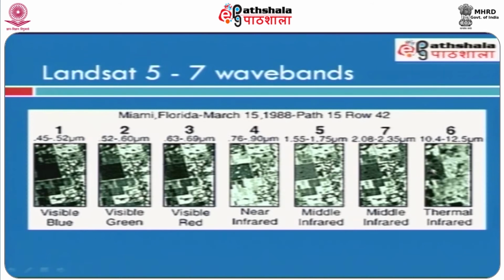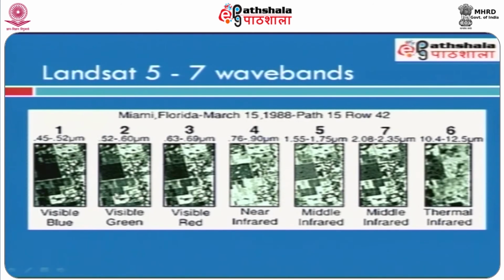Thermal infrared is nothing but the re-radiated energy by the object, especially the absorbed energy. You can see that it is a little hazy in nature, but still, depending upon the application and the study, we decide which of the bands are important.